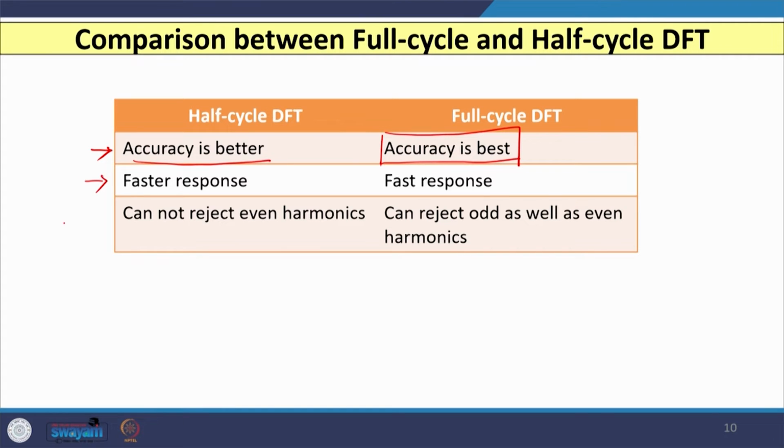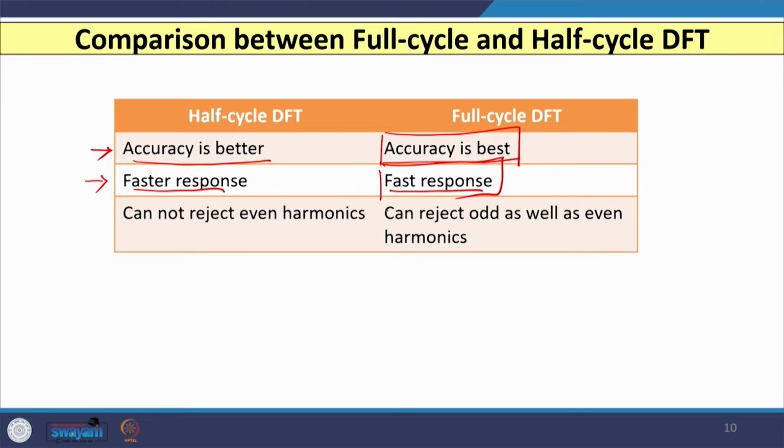The second performance parameter is response time. The response of half cycle DFT is faster, whereas the response of full cycle DFT is comparatively slower, because half cycle DFT uses fewer samples, so fewer calculations are required, whereas full cycle DFT utilizes more samples, double that of half cycle DFT.